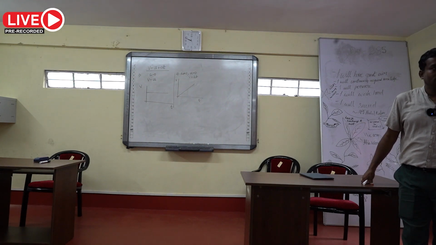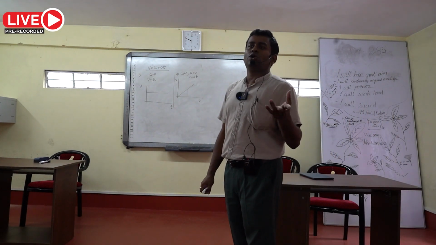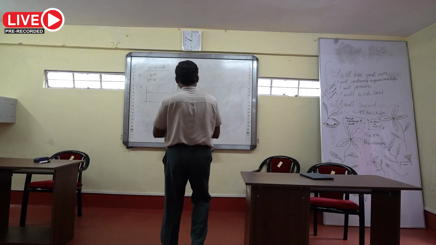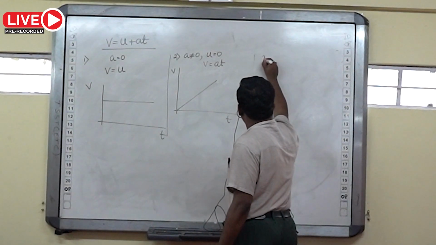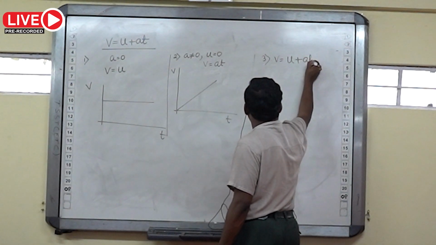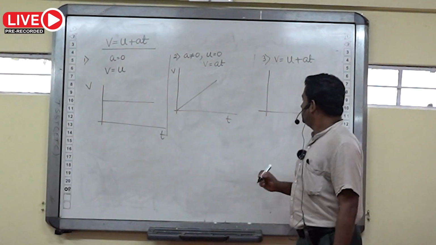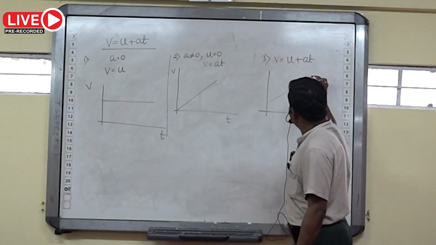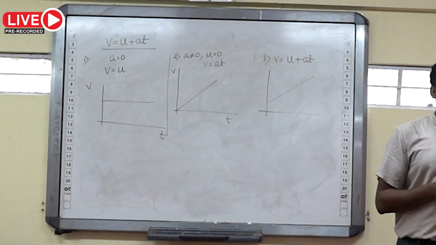Okay. Now, if the initial velocity is not 0, that means we want to draw the general form. Then see, the graph will start from here. It will not start from the origin.